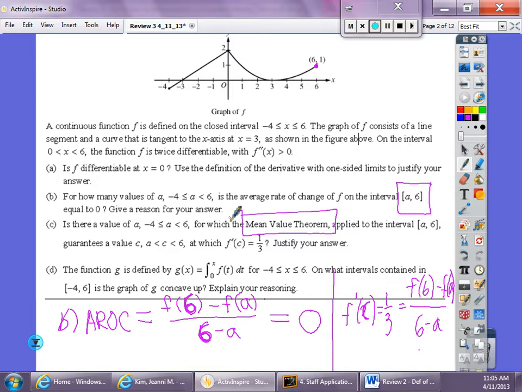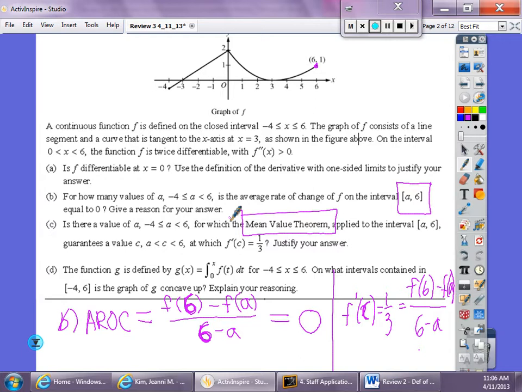Reason being there's a corner at x equal to 0, which is within the domain of -4 to 6. That should be enough. Okay? The question is asking me specifically for which that theorem holds, and the theorem can't hold because of the non-differentiable point. Okay? Good on that one?